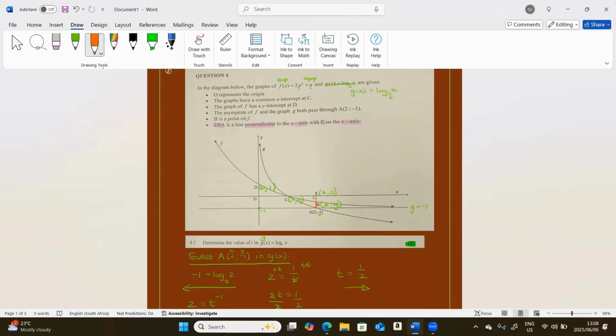Now, when we work with lengths on the Cartesian plane, you have to ask yourself first, are we working with a vertical length or a horizontal length? And when you look at AB, we are working with a vertical length. So for a vertical length, you always use your values on your y-axis. Let me just make it make sense.